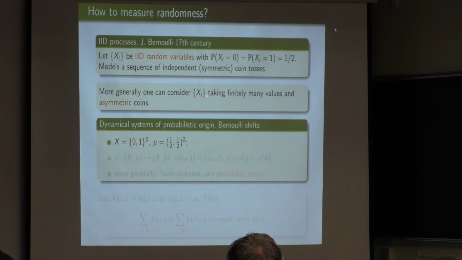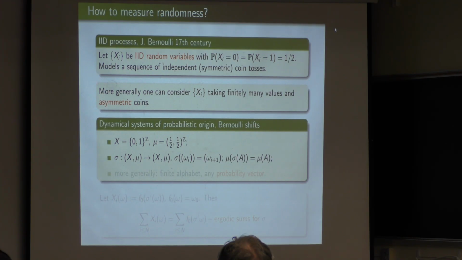So if you have more possible states and different values, you have to modify the phase space, but it's kind of natural. And then you have the notion of the shift of this space. So this is a probability space. And you have the notion of the shift, whose one important property from the dynamical point of view is that it preserves this measure.